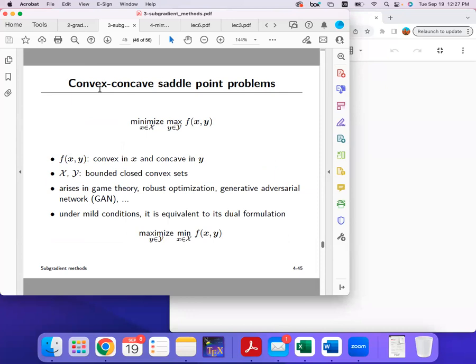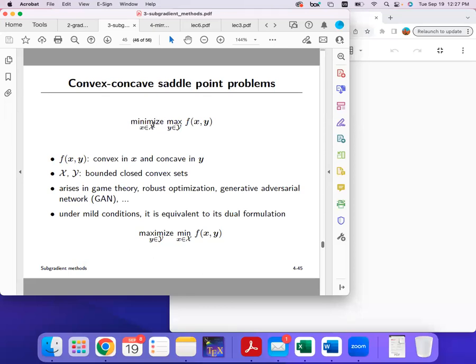Okay, so last time we discussed this convex concave saddle point problem. This is a very interesting class of optimization problems where we have a bivariate function f(x,y). And we want to maximize over y but minimize over x.